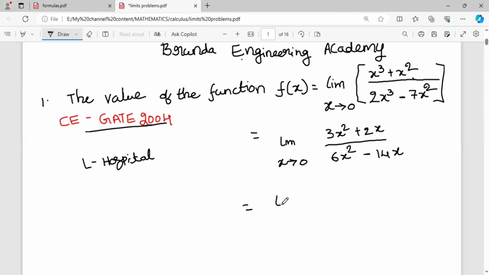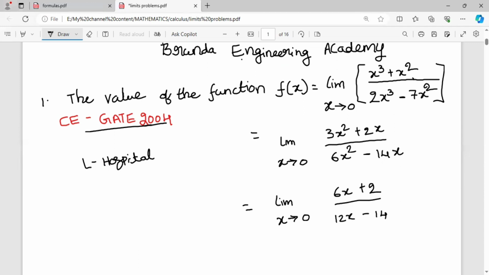So again you have to apply L'Hospital's rule. As x tends to 0, this expression becomes 3x square differentiated is 6x, plus 2, over 6x square differentiated is 12x, minus 14x differentiated is minus 14. So this is the expression.